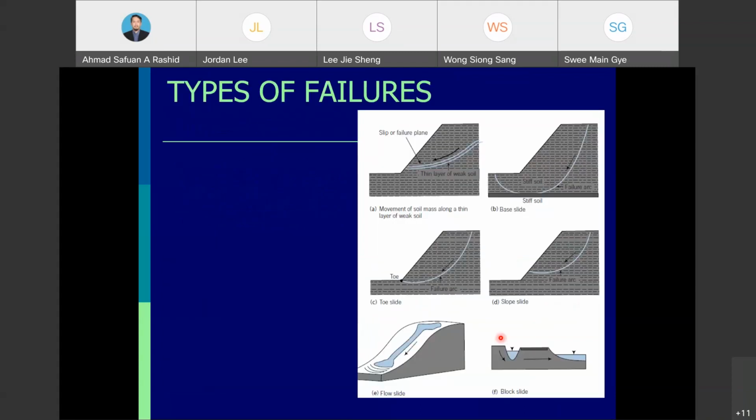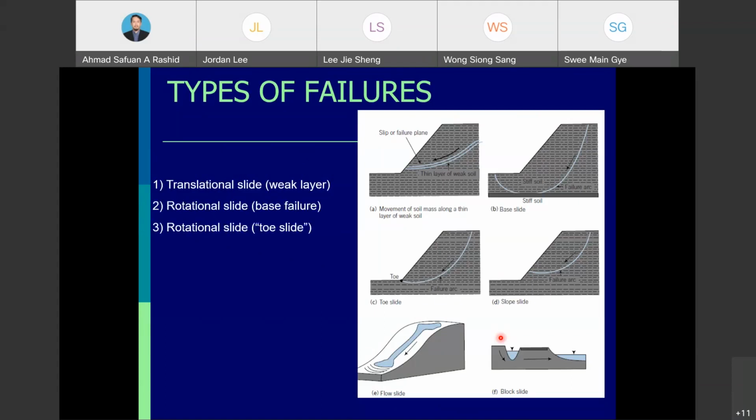This is another type of failure, where we have a translational slide on the weak soil. A rotational slide happened on the base, and this one is a rotational slide that happened on the toe, while D is the failure which happened on the slope surface.